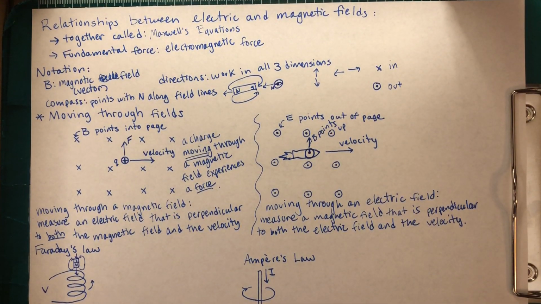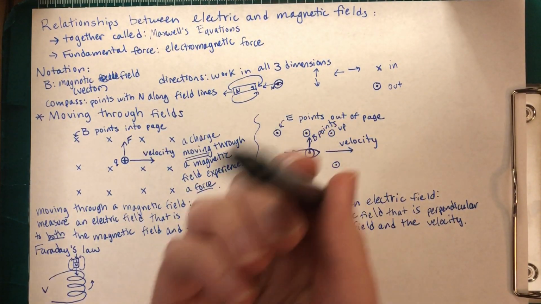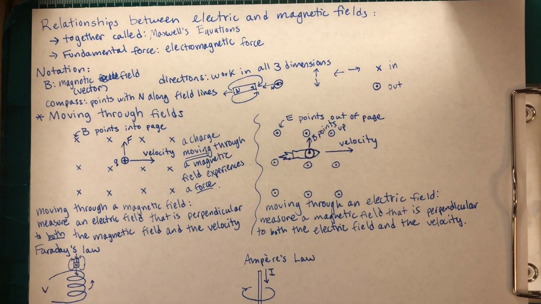So, same set of concepts. It's technically the opposite direction. Here, our B was pointing into the page. Here, the electric field's pointing out. But moving through a magnetic field, a charge will experience a force that is perpendicular to both its movement and the field.